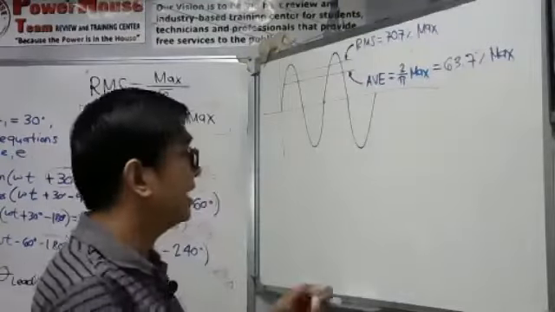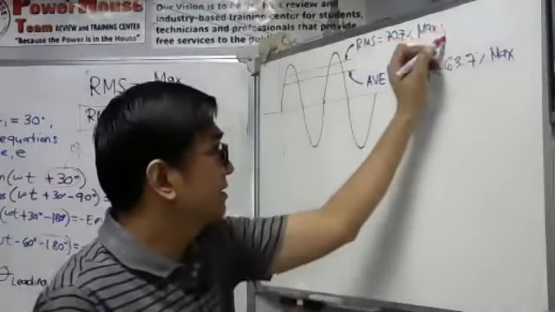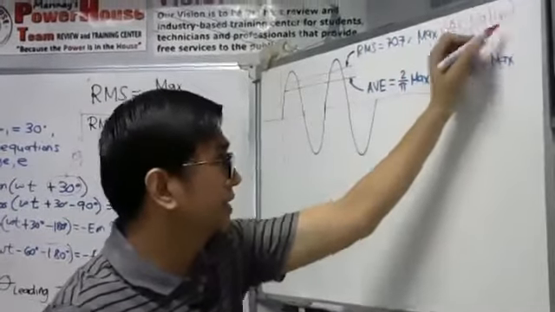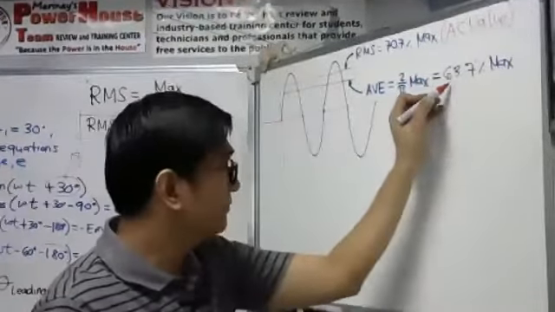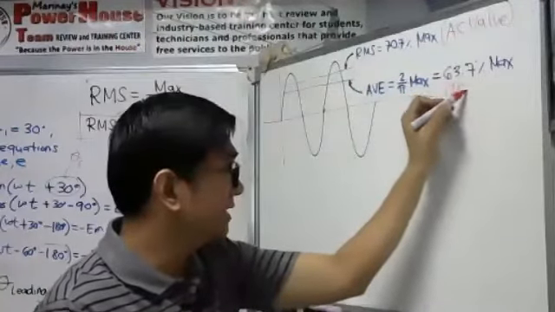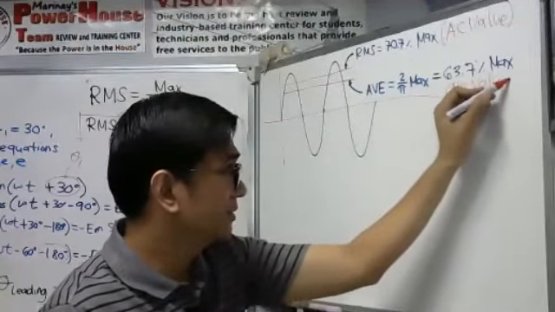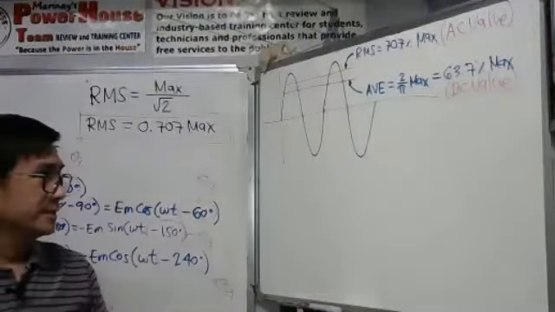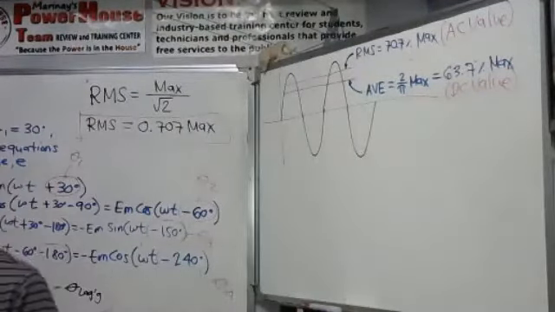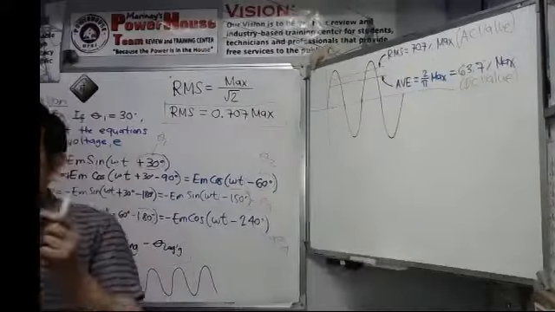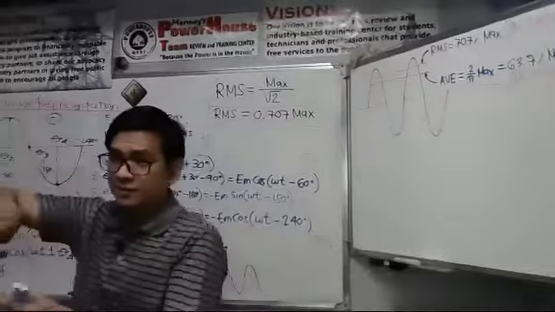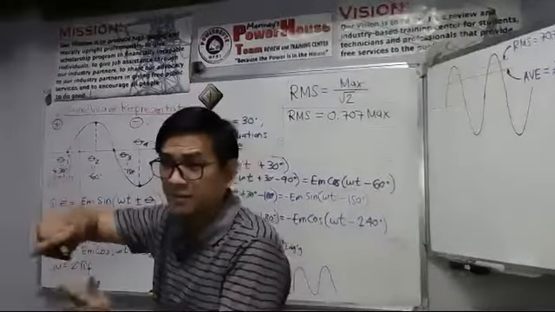Basically, if we mean RMS value, this is actually the AC value. If we mean the average value, that is what we call the DC value. Say we have a multi-tester and you measure the outlet. It registers 236 volts.